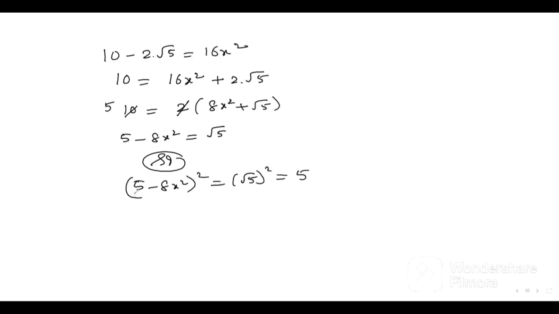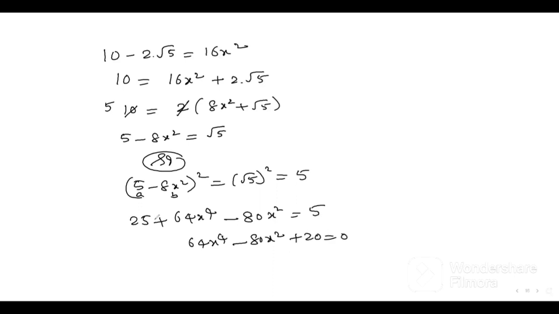So now applying the a minus b whole square formula: 25 plus 64x to the power 4, b square, minus 2ab, 2 into a, into b, that is 2 into 5 into 8x square, which is 80x square, is equal to 5. So 64x to the power 4 minus 80x square, here plus 5 sending to the left side, what we get here? 25 minus 5 is 20.